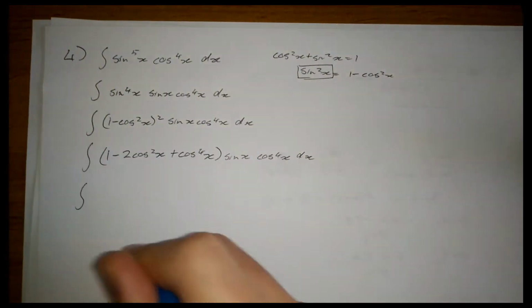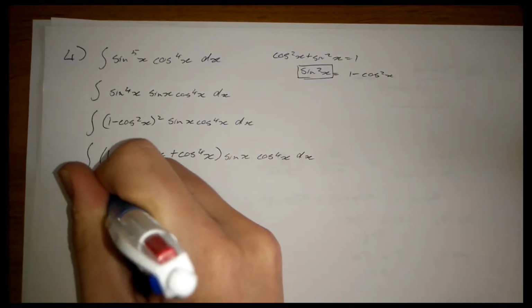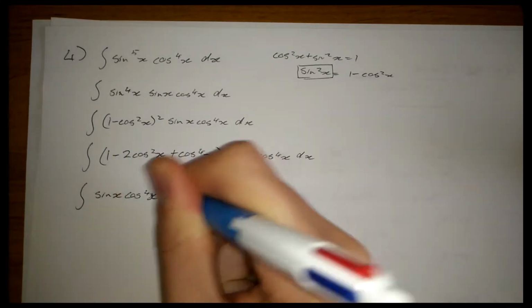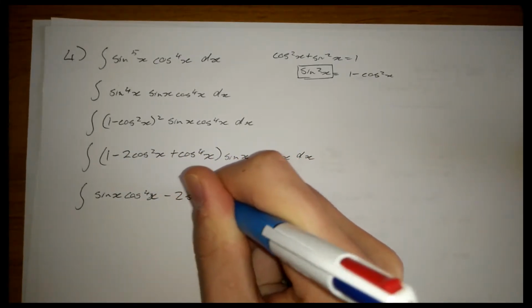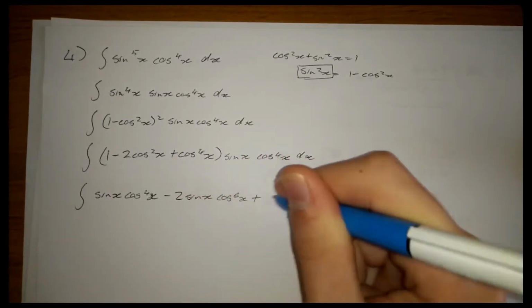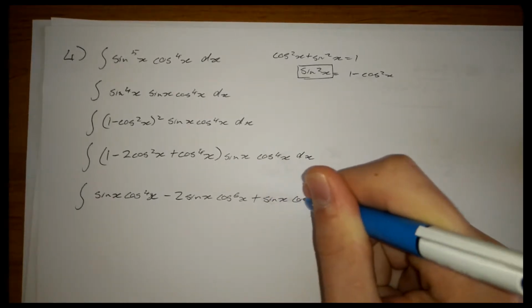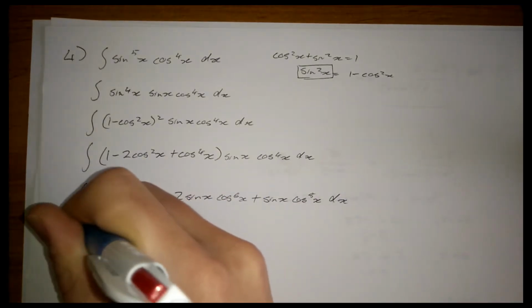We can expand that all out. It is a bit nasty. Sine x cos 4x minus 2 sine x cos 6x plus sine x cos 8x. That's all with respect to x.